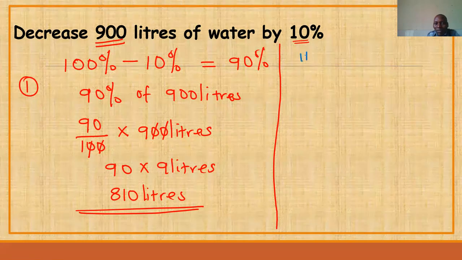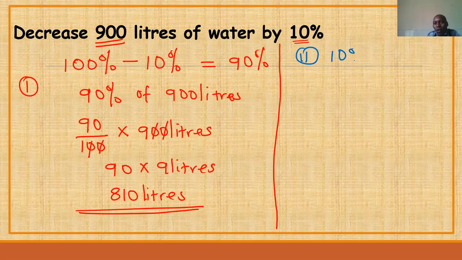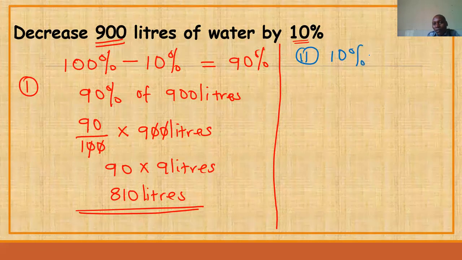So in the second method, I would simply say 10% of 900 liters to get the number of liters that are equivalent to 10%.